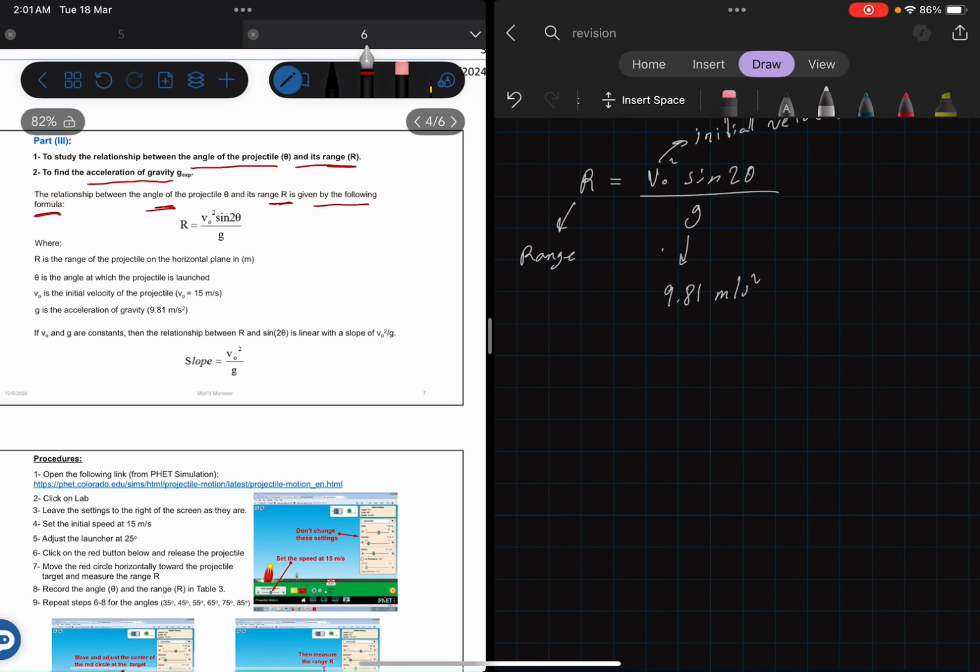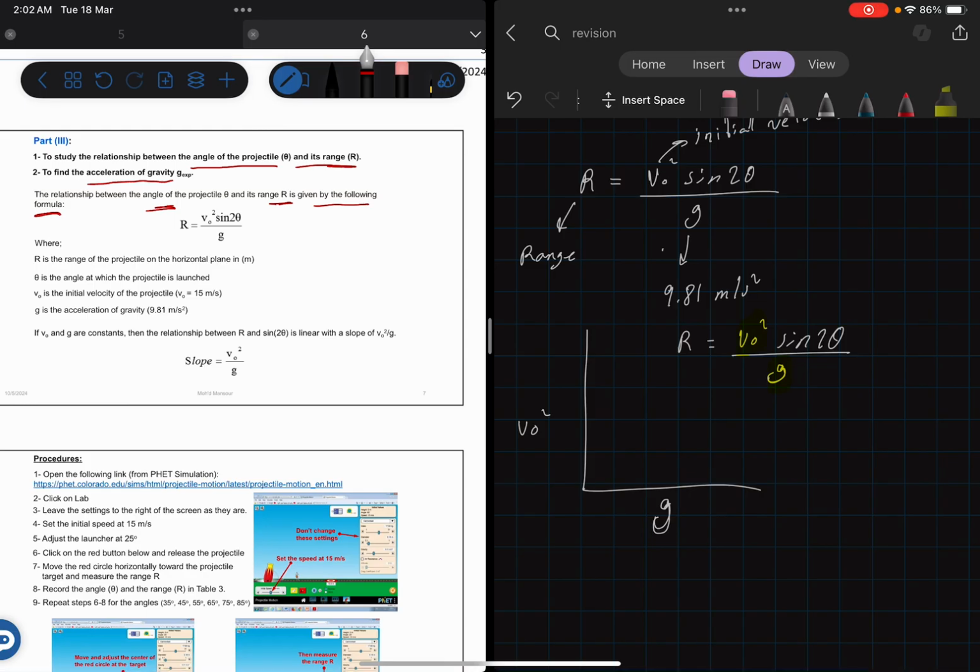So if v naught and g are constant, imagine that we have a graph with v naught squared and g. We have this formula, R equals v naught squared times sine 2 theta over g. If you want to find the slope, you have v naught and g.